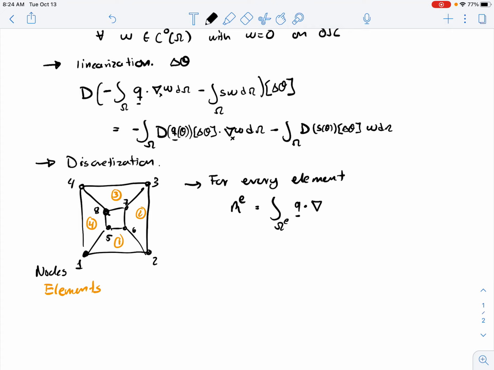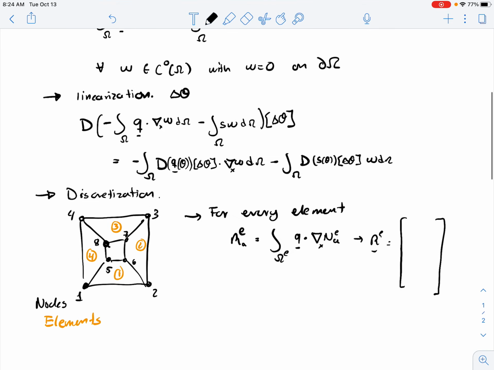Let me, instead of writing the entire vector, say the component A of the residual, because there's the gradient of the A-th basis function. For every element here there are 4 basis functions, so the residual has 4 entries, where each entry corresponds to one shape function.